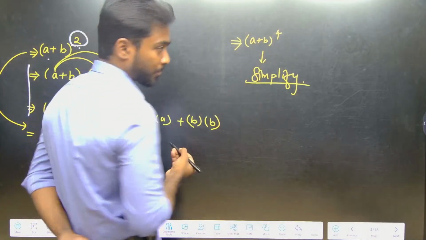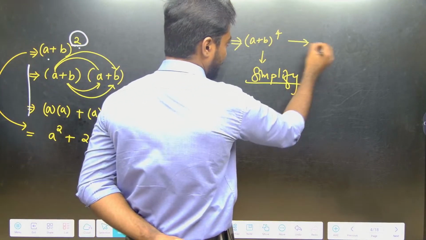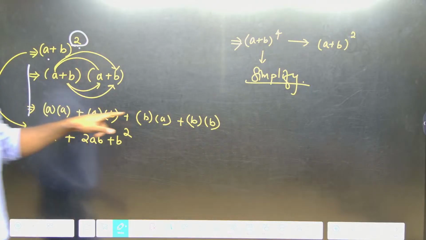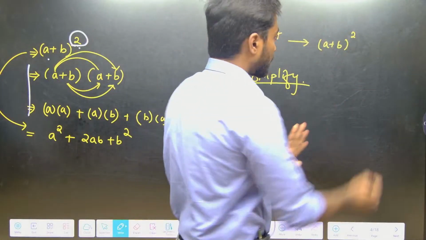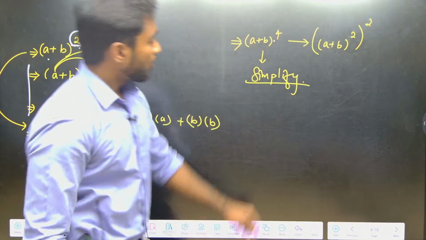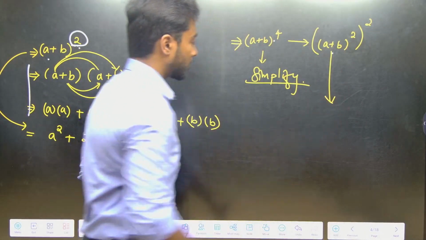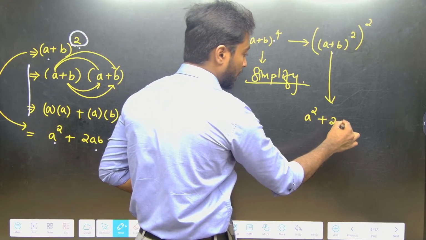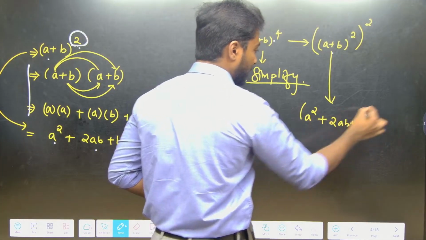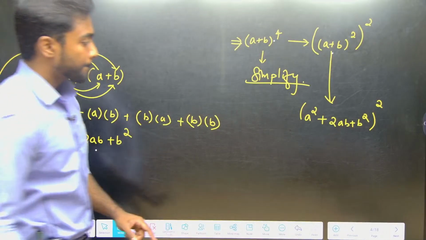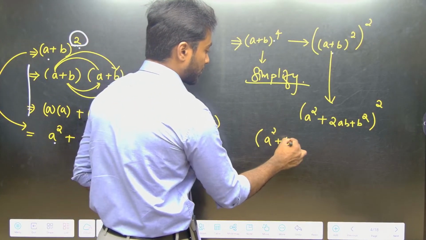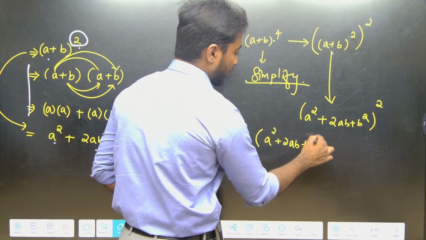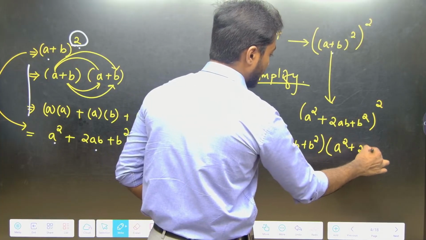So how can I simplify this one? I can express this one as (a plus b) whole power 2, as it is, and 2 power 2 is 4, so again power 2. We know that this is a square plus 2ab plus b square, so (a square plus 2ab plus b square) power 2. Now I can expand again, which is nothing but (a square plus 2ab plus b square) into (a square plus 2ab plus b square).